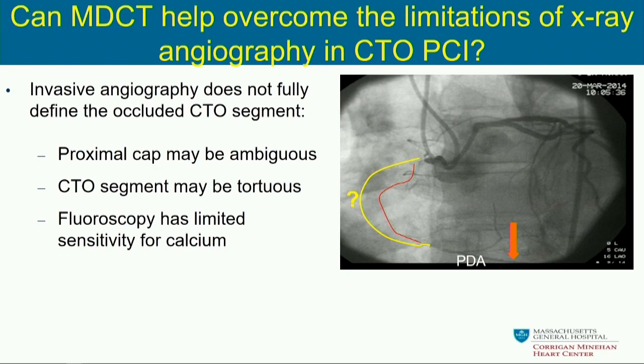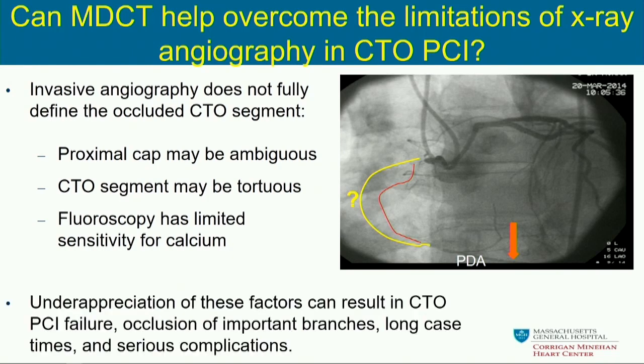It can help us with proximal cap ambiguity, understanding tortuosity, and doing a much better job to understand calcification, whether or not it's focal or circumferential. And when we don't appreciate these factors, we can get into very difficult situations in understanding what our true anatomical courses are, leading to a higher rate of complications.